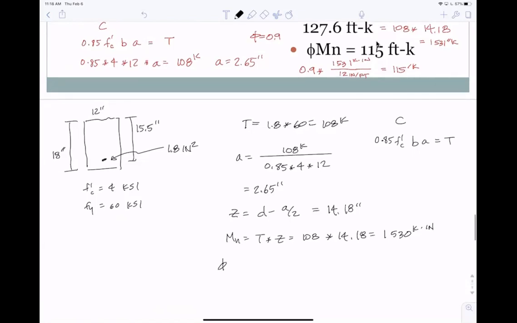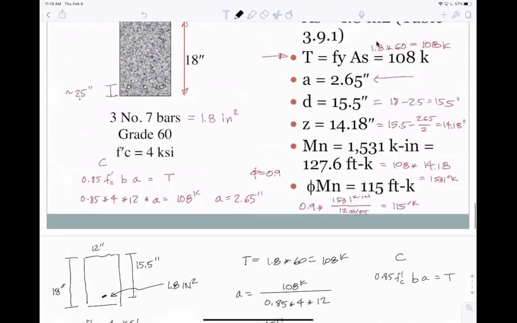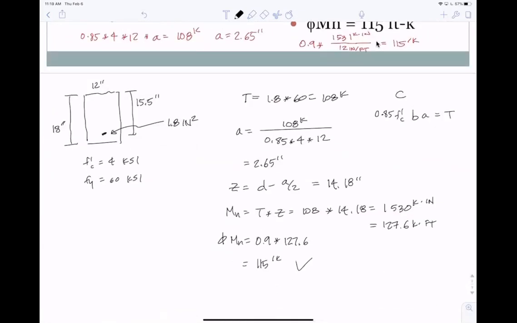And so phi Mn, and divide that by 12. 127.6 kip-feet. And so phi Mn is 90% of that. So that you can reliably count on 115 foot-kips. Cross our fingers, and yes, we got the same answer. Okay, so in real time on a piece of paper, that's how that solution would look.